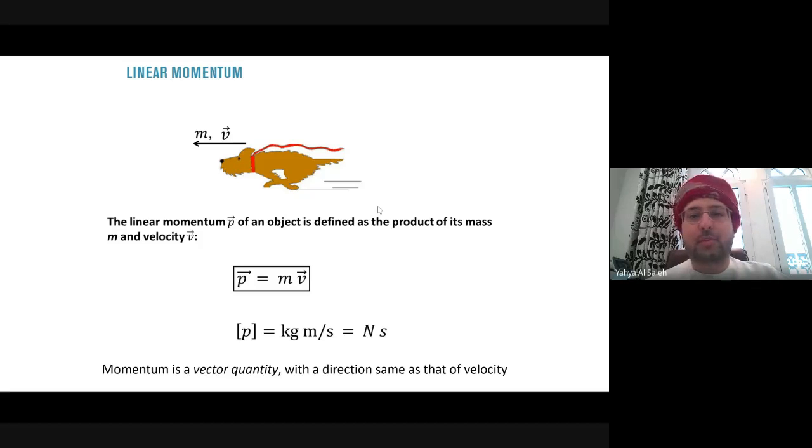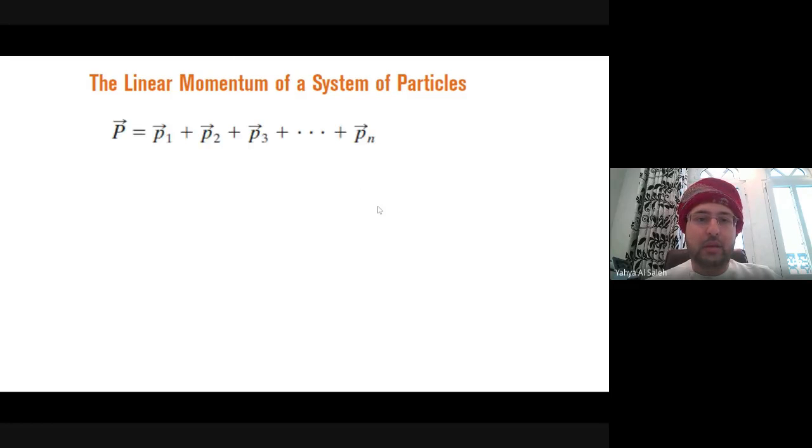And a very important reminder again, although I just said it: it's a vector quantity with the direction the same as that of velocity. So we cannot just add two momenta numbers like we do with energies. It's a vector. Remember that. Now, if we have an n number of particles, each one with different momentum, we can add all their momenta together, no problem.